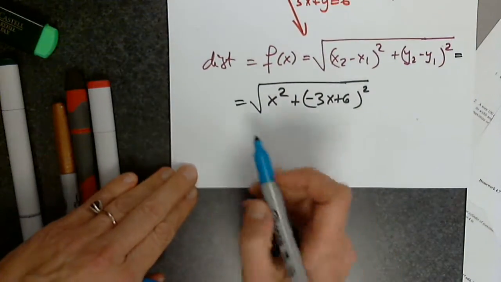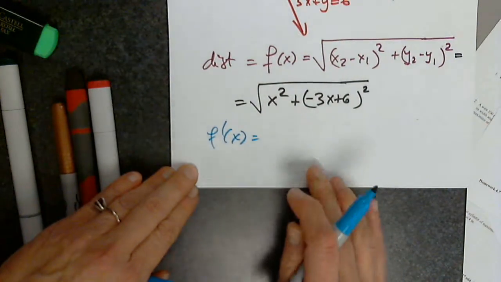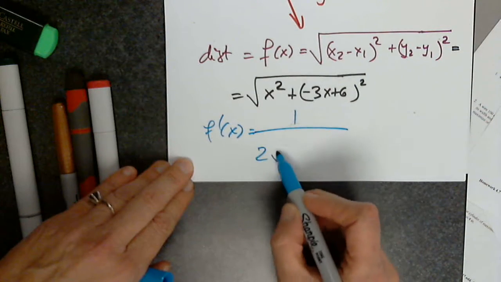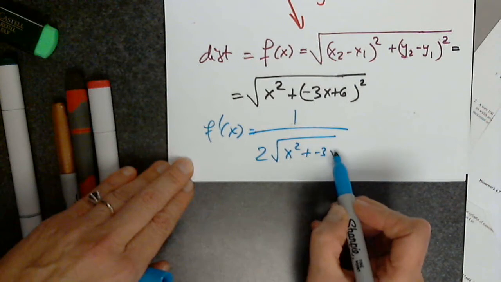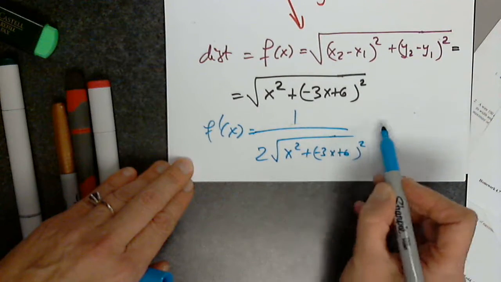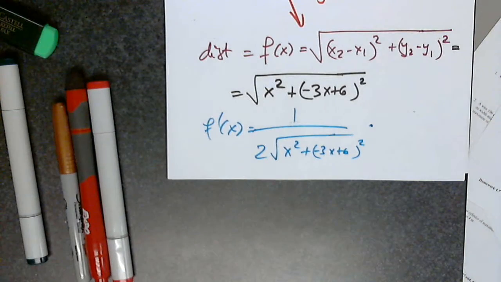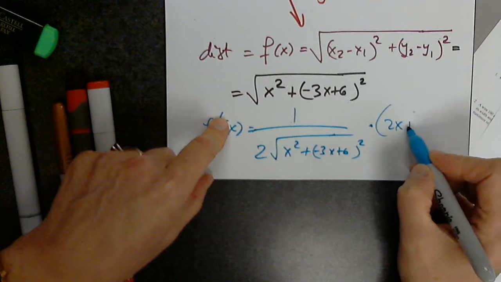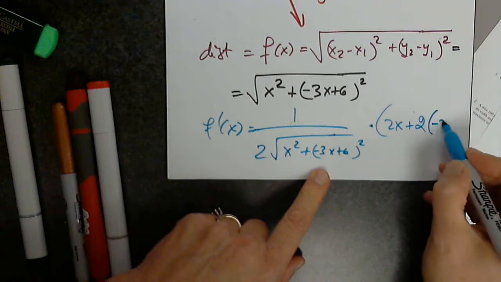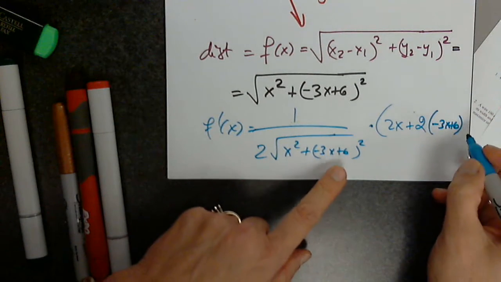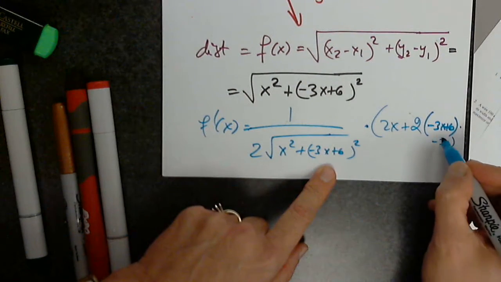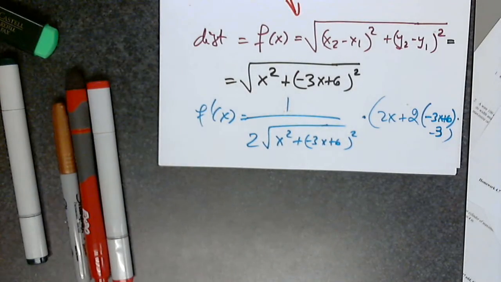Very good. So f prime of x equals, I need to differentiate this function. 1 over 2 times the square root of x squared plus negative 3x plus 6 squared, times the inner function prime, 2x plus 2 times negative 3x plus 6 times negative 3.